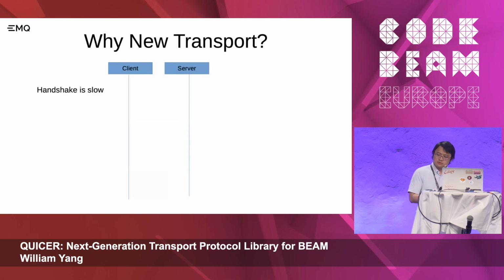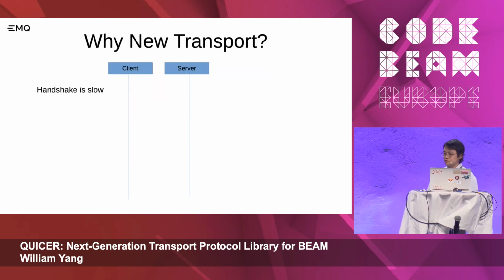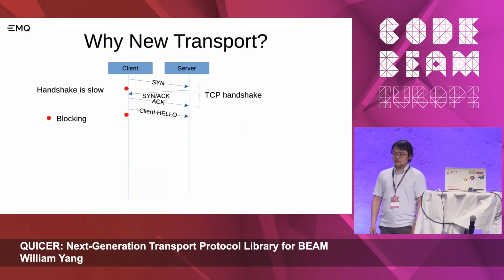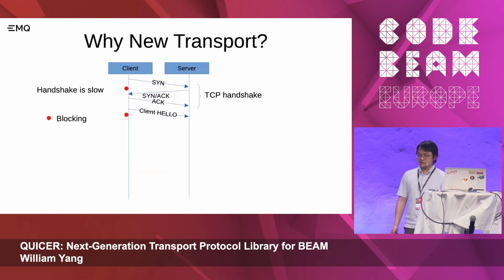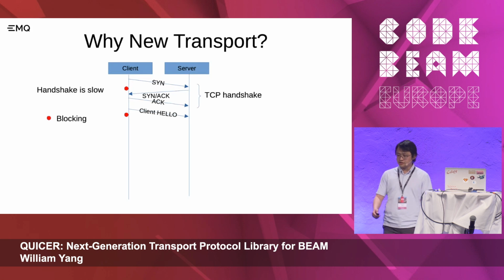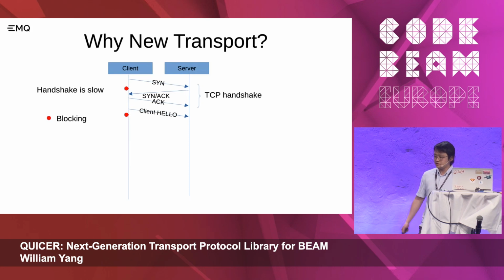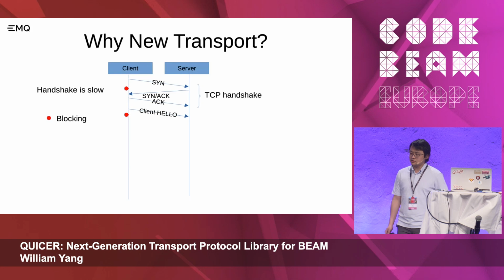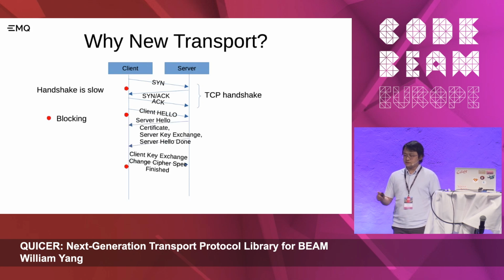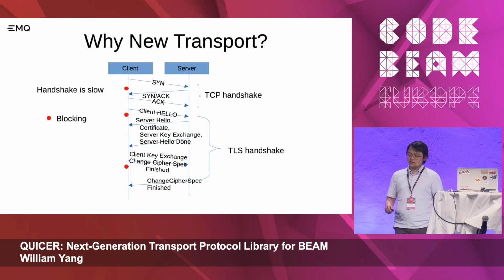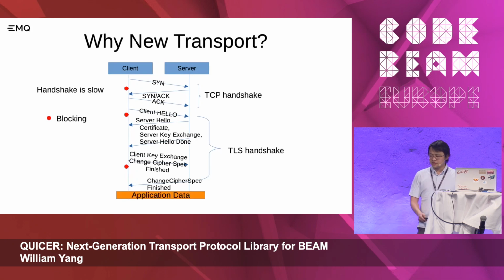One problem QUIC solves is the performance of the handshake. Let's see how TLS over TCP does the handshake. First, we do the TCP handshake, and I drew the red blocking points. That means the endpoint in this picture, the client, is blocked and can do nothing until it receives the response from the remote. After the TCP handshake, we start the TLS handshake, and only after the TLS handshake can we start to exchange application data.